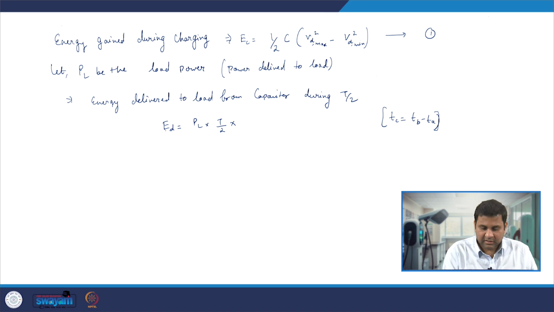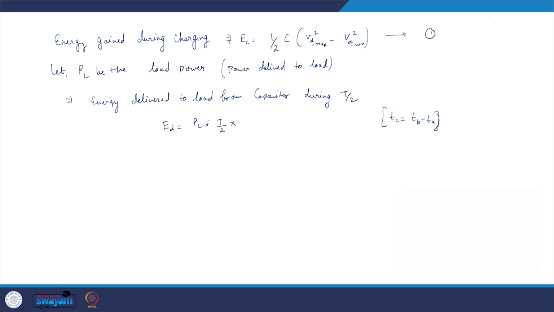So, we can write the energy delivered to the load during T by 2 time as the period during which the capacitor is discharging, which is T by 2 minus TC in the whole T by 2 period. So, we can write PL into T by 2 multiplied by 1 minus TC by T by 2. This is my ED value, and I can define this as equation number 2.